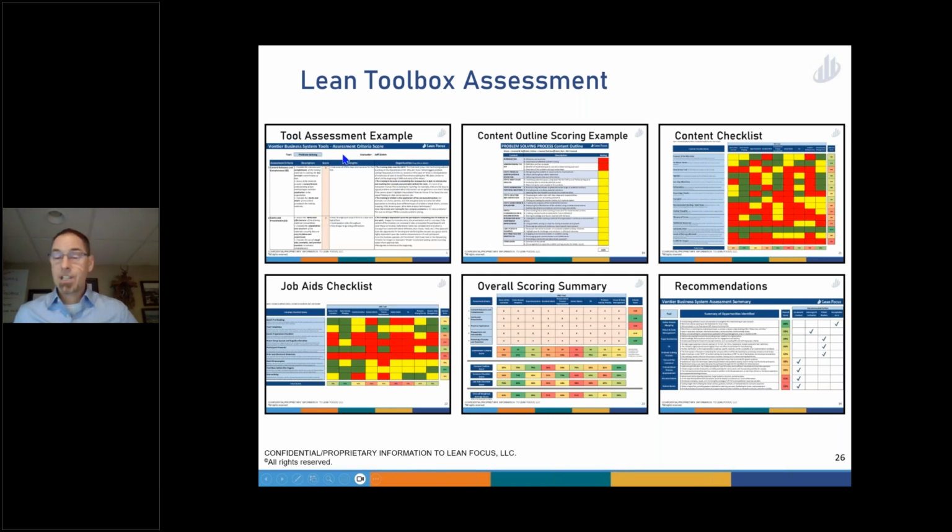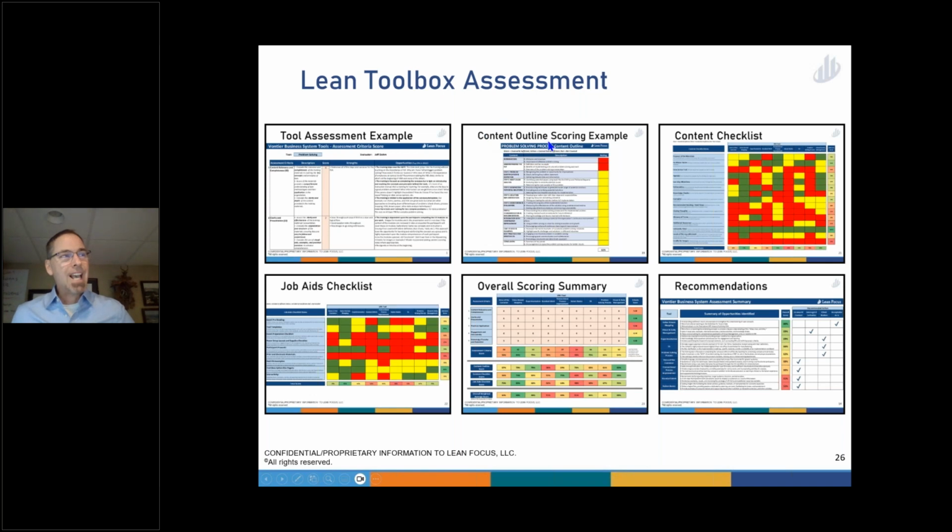This tool assessment gets into the content of the training materials, the completeness, the clarity, the presentation, the practical application, the examples, the knowledge transfer, and we have a structured process that will review each system. In this case, it looks like problem solving, how well are those materials set up for problem solving.